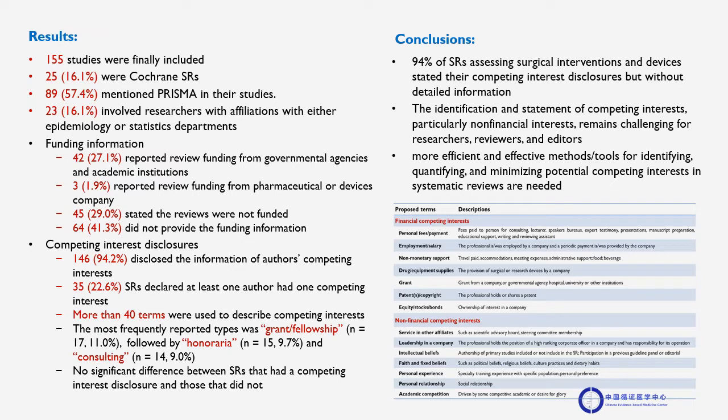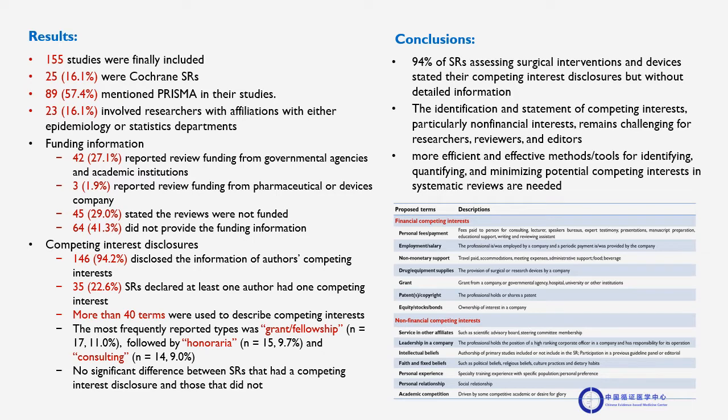In summary, 94% of systematic reviews assessing surgical intervention and devices state their conflict of interest disclosure, but without detailed information.